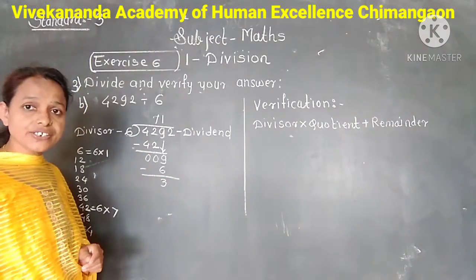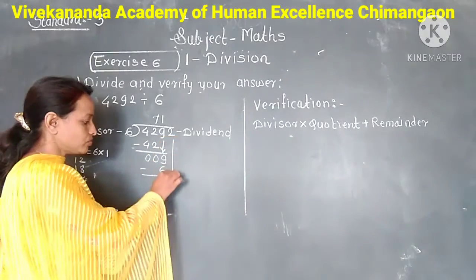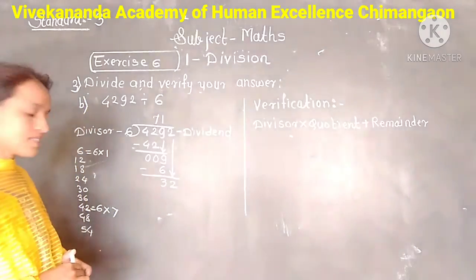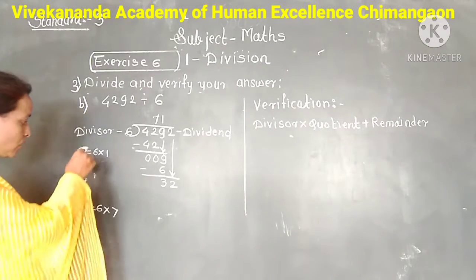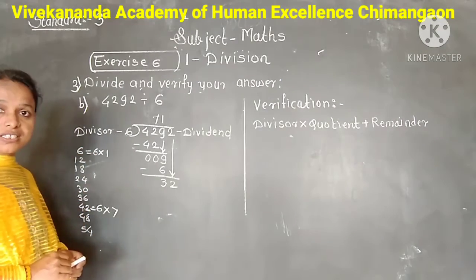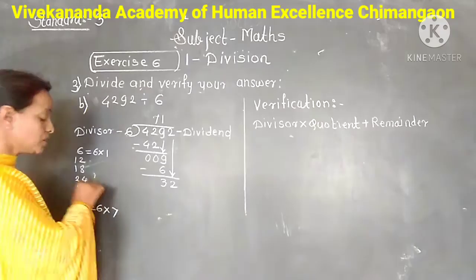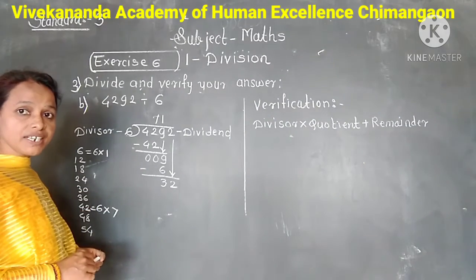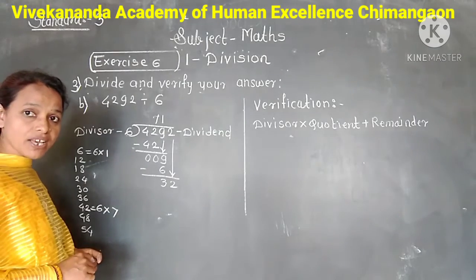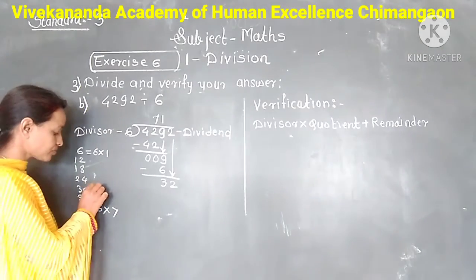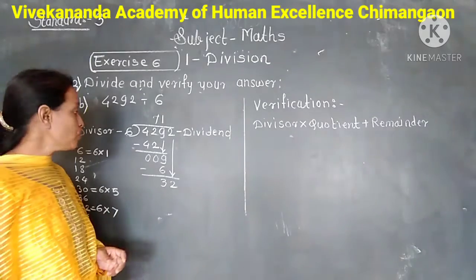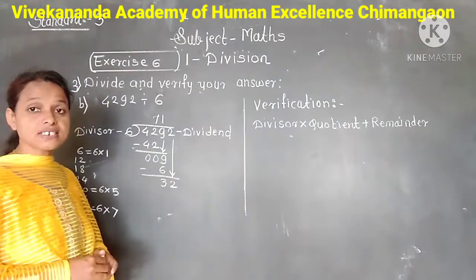Now next digit 2 we bring down. We divide 32 by 6. But 32 is not in multiplication table of 6. So less than 32, 30. And 30 comes 5th place in multiplication table of 6. 6 5s are 30. So we divide 32 by 6. We get 5 as a quotient.